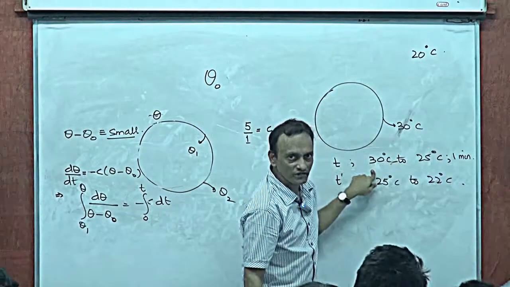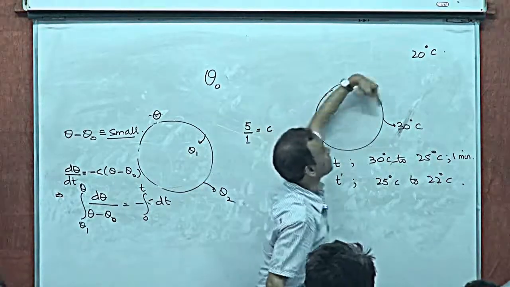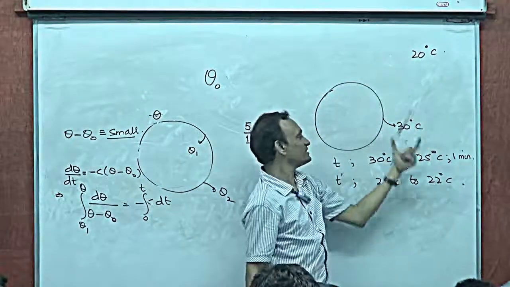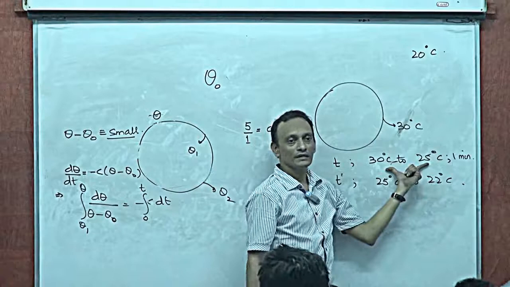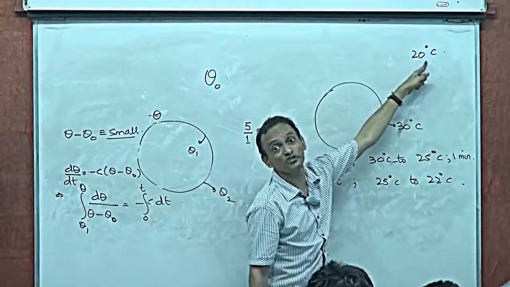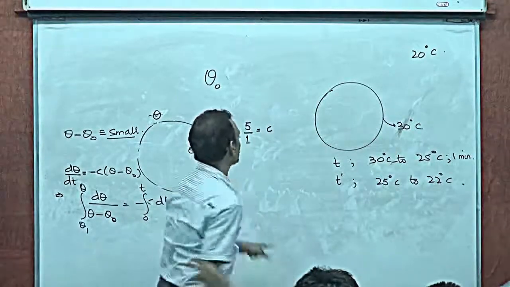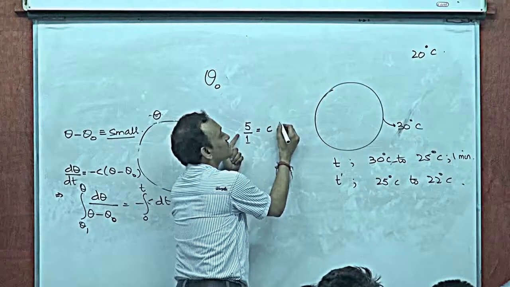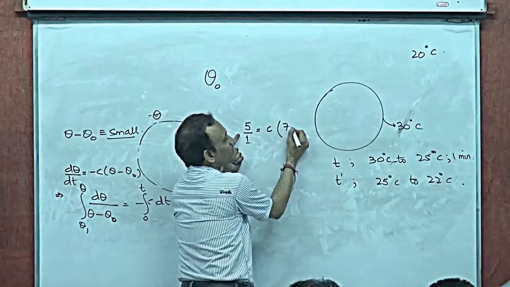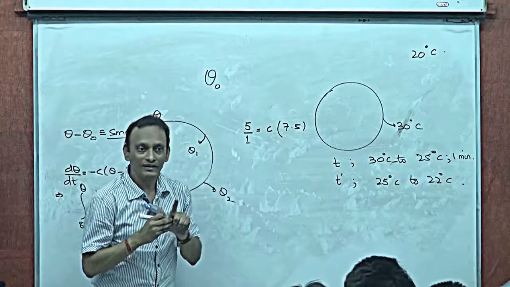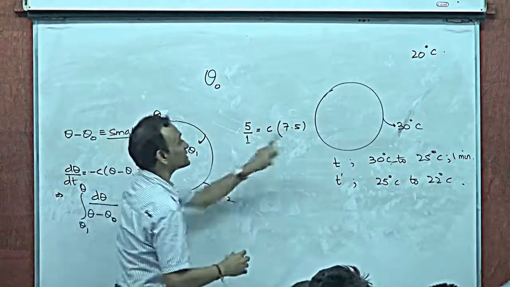So what's the average temperature difference between the body and the surroundings? 7.5. So the rate of cooling, 5 degrees in 1 minute, is C into 7.5, the average temperature difference. C I do not know. Okay, that's for this situation.